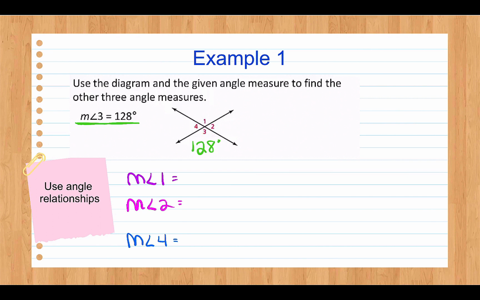Because angle 3 and angle 1 are vertical angles, if the measure of angle 3 is 128, the measure of angle 1 is 128.